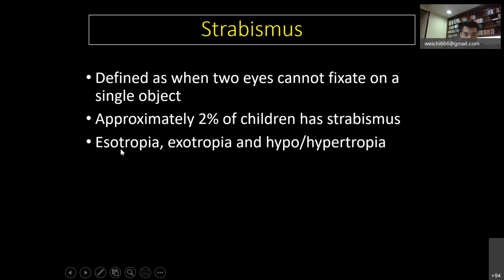Esotropia means one of the eyes has internal rotation, and exotropia means one of the eyes has external rotation. Hypotropia means one of the eyes is lower than the fellow eye. Hypertropia means the eye has a higher position than the normal position.